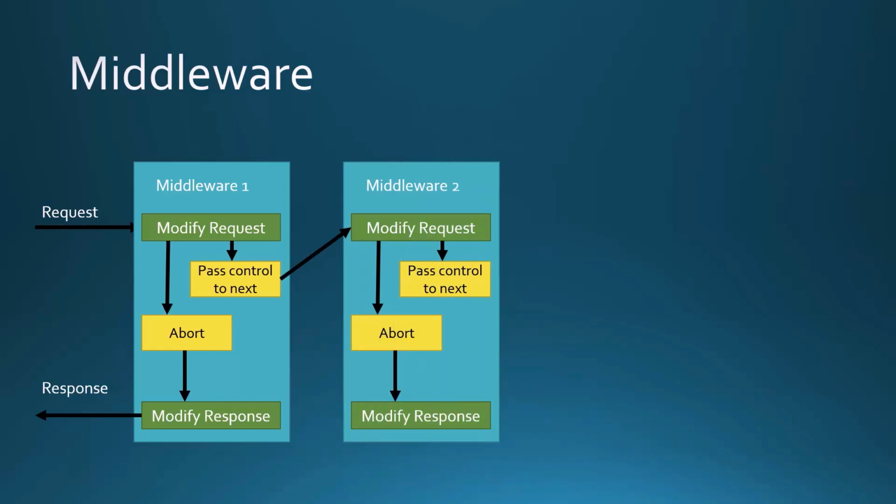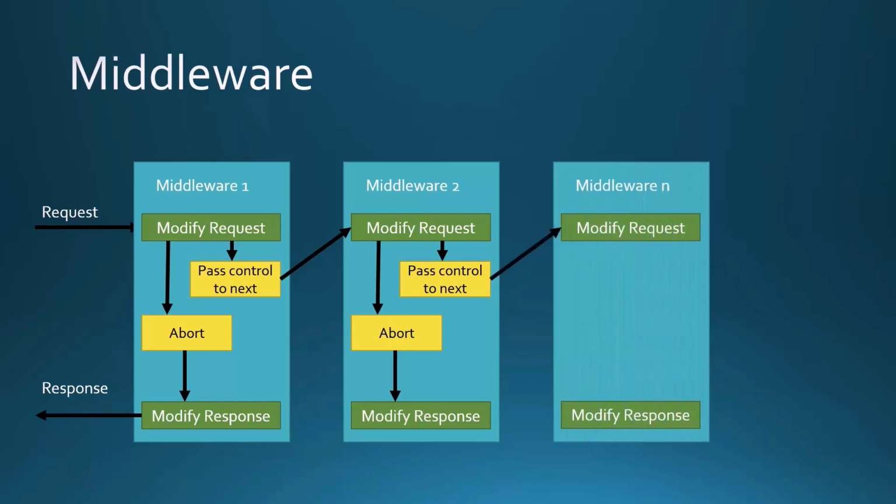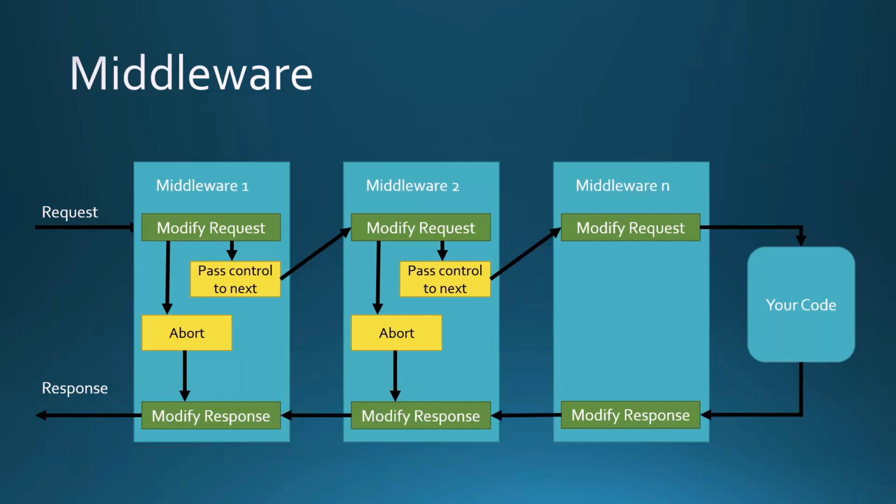It can then choose what it needs to do. It can either abort or pass control to the next middleware piece, which can then finally just say, well, I'm going to modify the request somehow, but then I'm just going to call your code, whatever that code is. Your code can then do whatever it needs, and it can then send it back through this pipeline. And again, everybody has a chance along the way to modify that response.